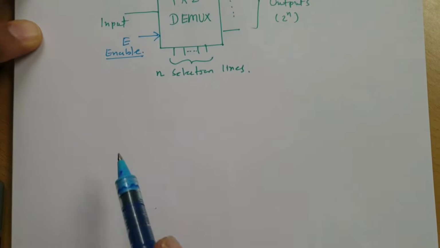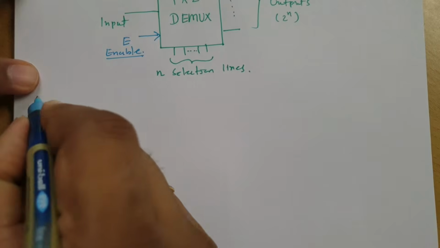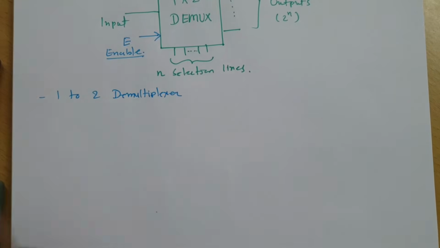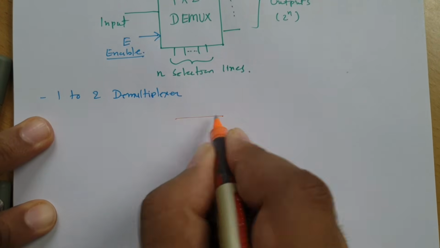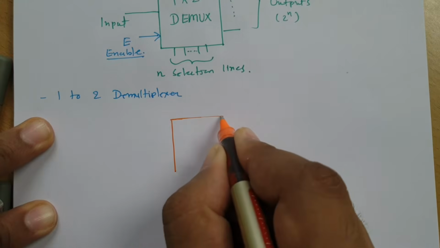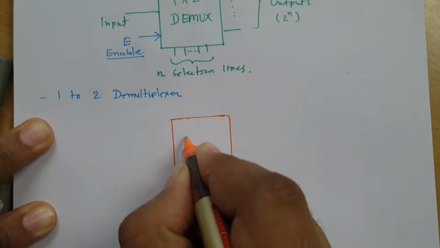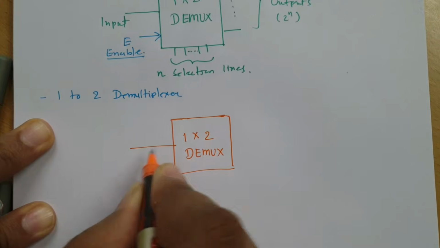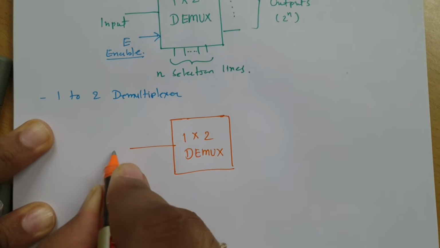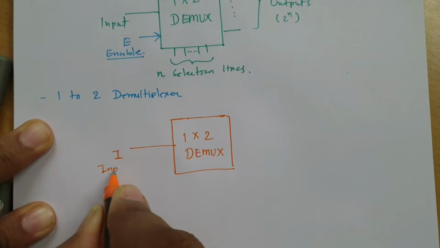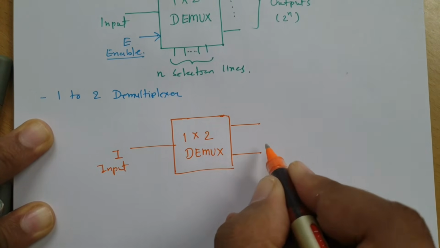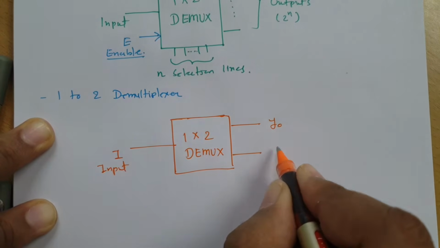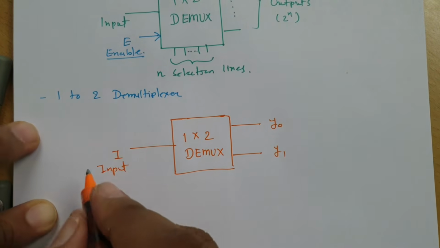What is the meaning of 1 to 2 demultiplexer? From its name itself we can understand this. There is one input, let us say it is I, and there are two outputs, let us say y0 and y1.